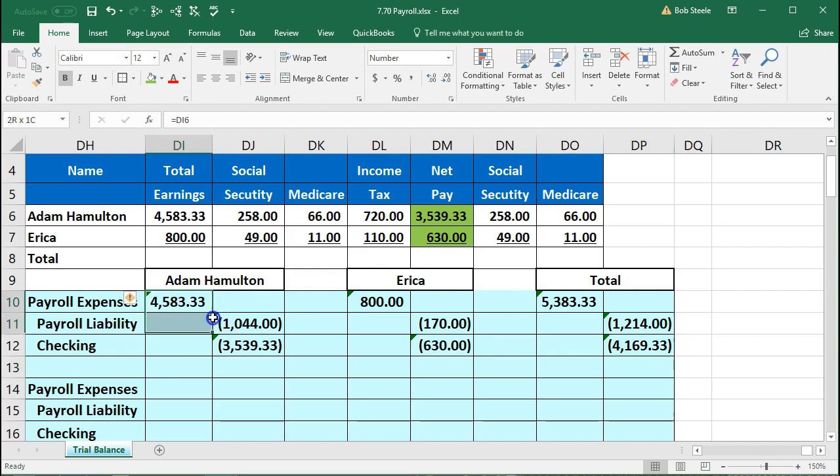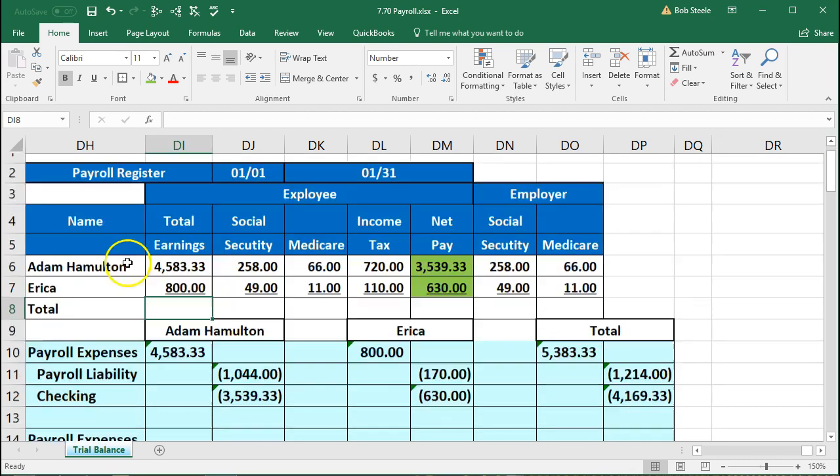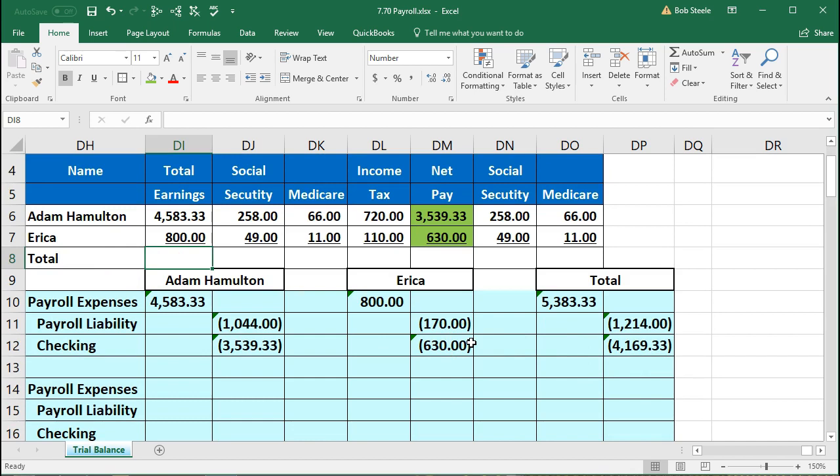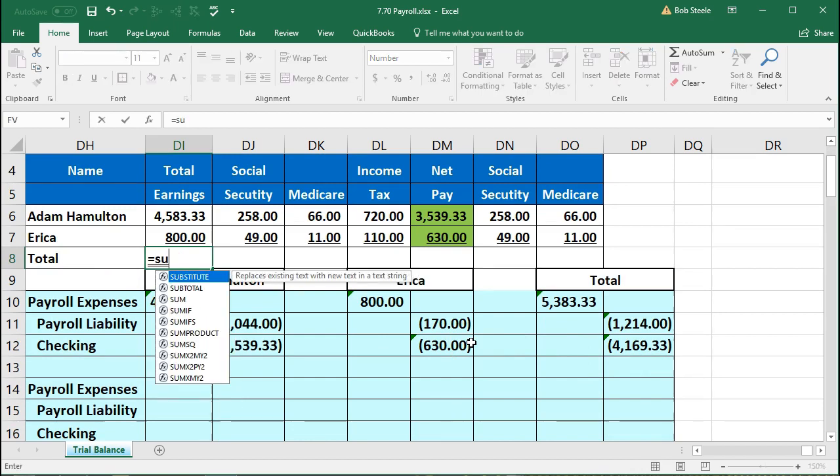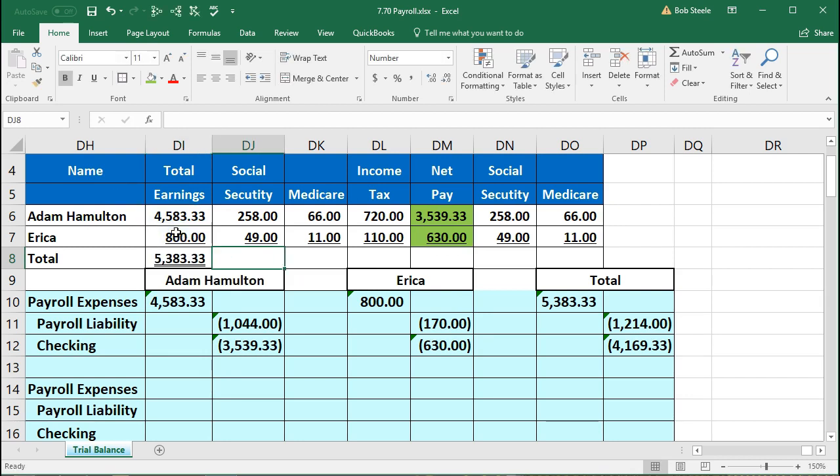So we could put these two journal entries in essence, for the two to give us more detail, or we can enter the sum or the total in right here. If we summed up, as we typically would, the totals here in our payroll register, we can see that same information. I'm going to equals sum what was earned by Adam and Erica, tab.